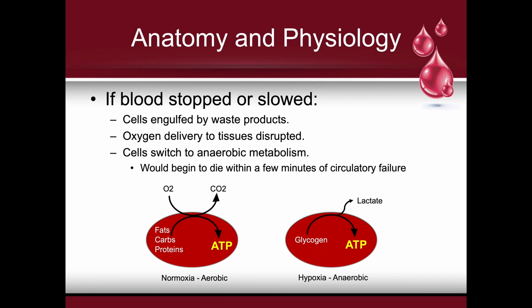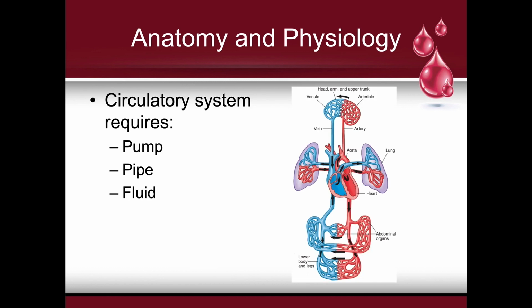So if you're familiar with compensation, you know that the heart will pick up its heart rate to try to maintain blood pressure. You have that peripheral shunting of blood with a mass vasoconstriction throughout the body to try to keep blood perfusing to the vital organs. All of these things happen in these shock states.